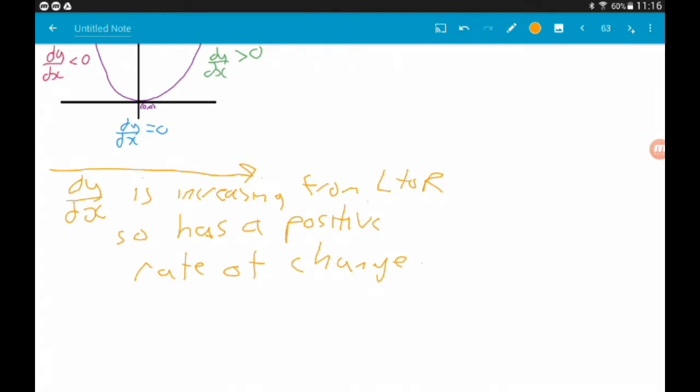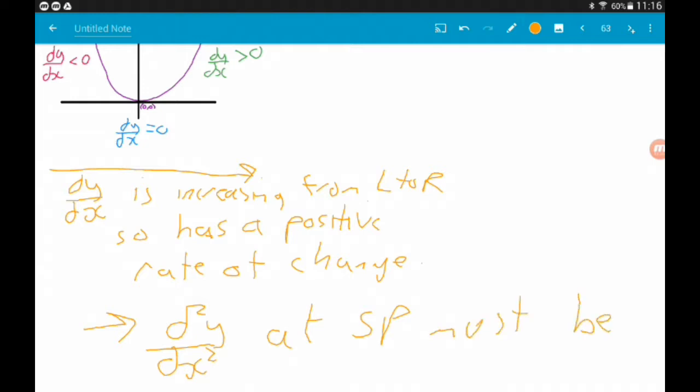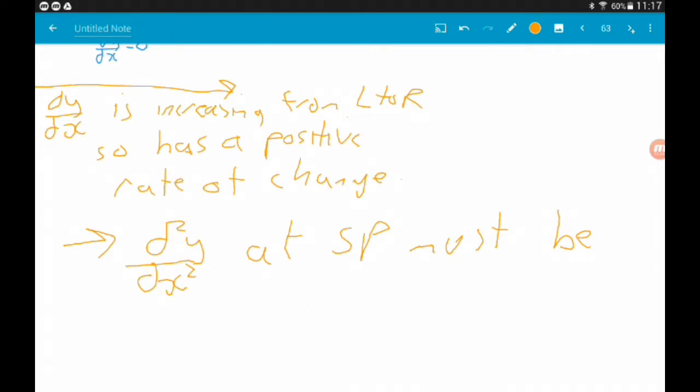So this means then d squared y by dx squared at the stationary point must be positive.